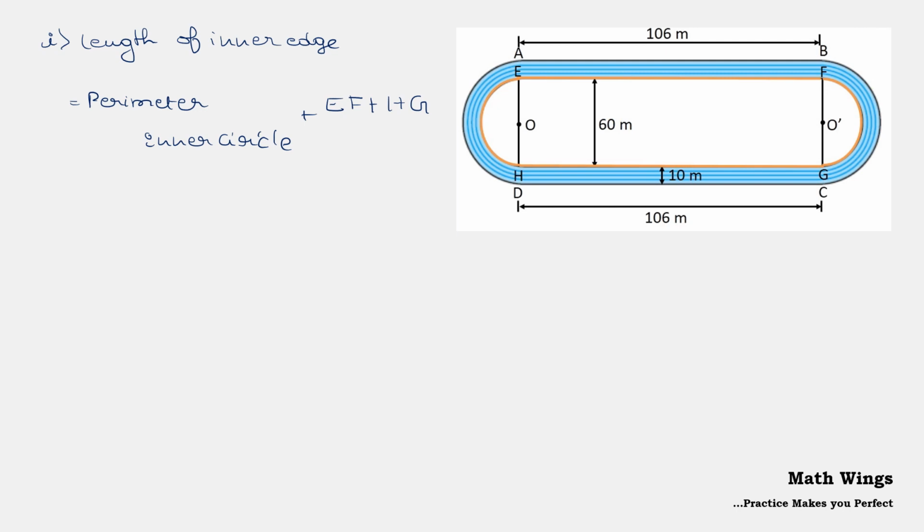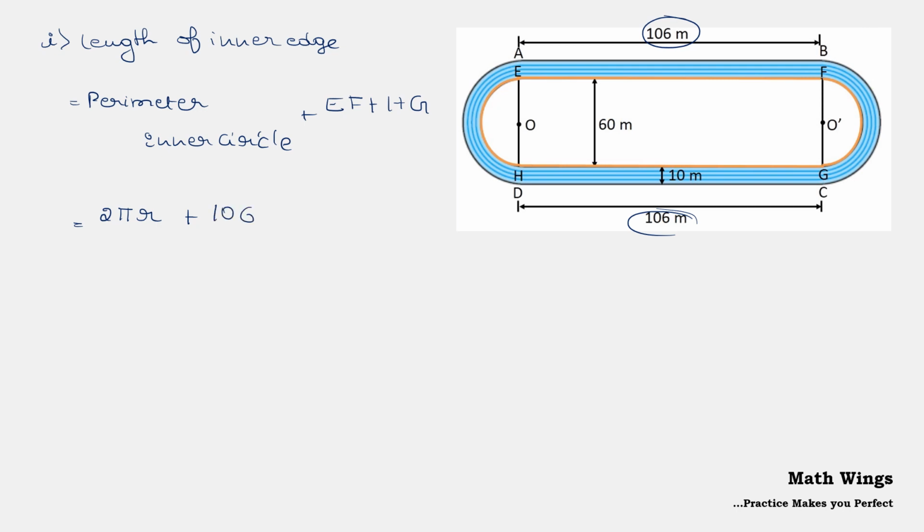What's the perimeter of the circle? That is 2 pi r plus what is the length EF, which is already given as 106 meters, and HG is also 106 meters.